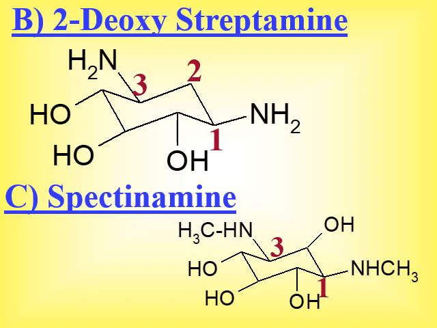As you see here in the spectinamine, it is 1,3-diamino inositol, but the 2 amino group here are substituted by methyl group. So we have in the 1 and 3 methyl amine, and of course the hydroxyl group is present already in position number 2. This is the third type of 1,3-diamino inositol.